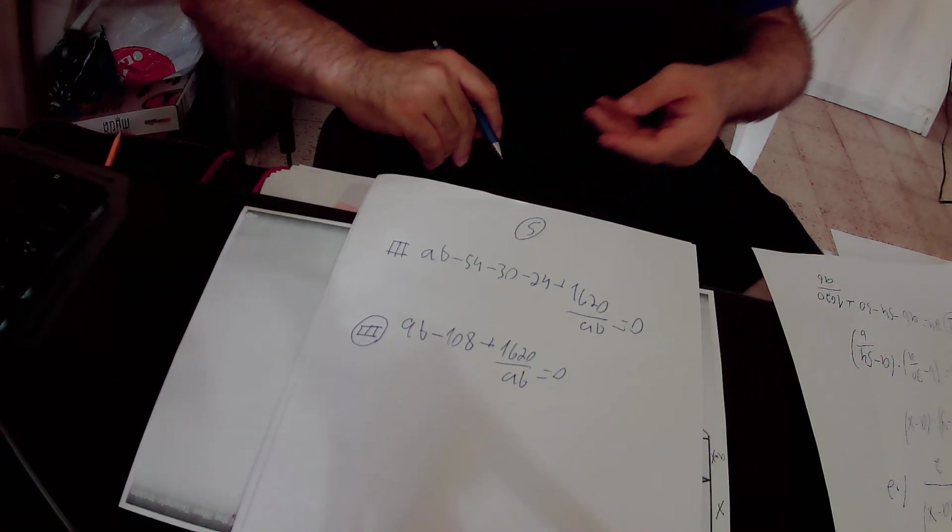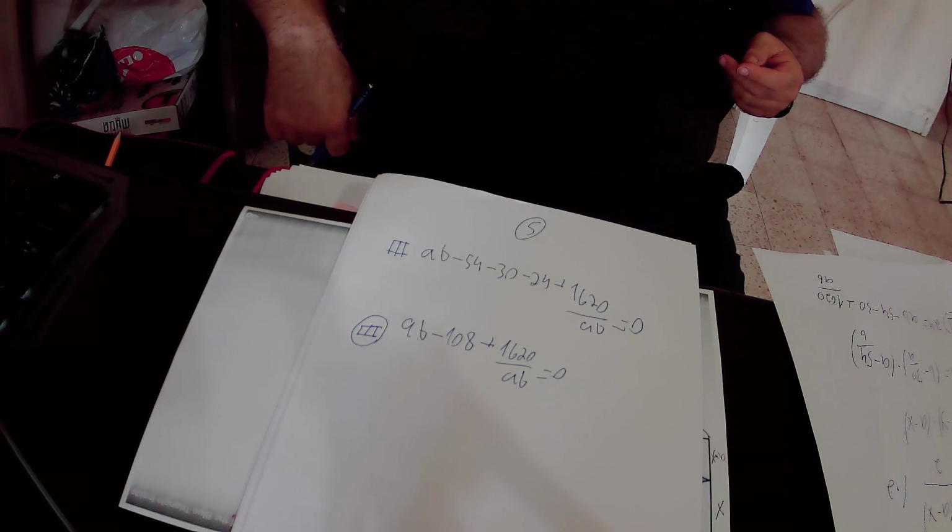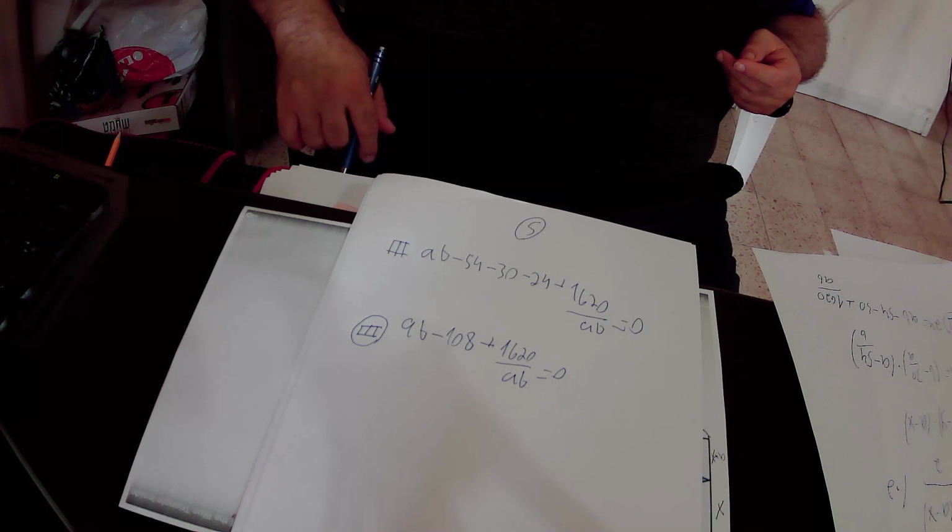Okay, so here we can multiply both sides of the equation by ab.